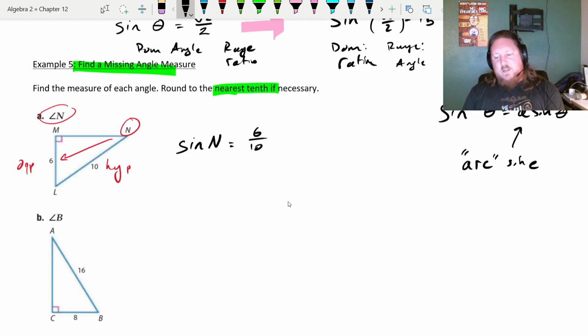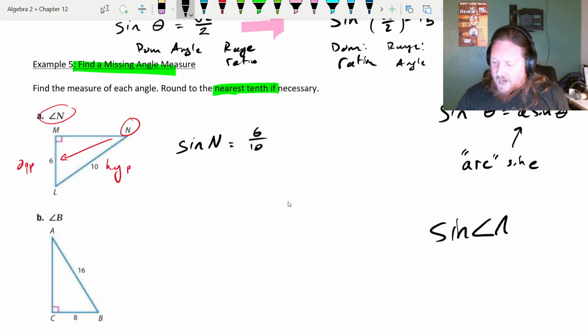Now what's interesting here is we usually don't write sine of angle N. This is why we usually use theta and gamma and beta and phi and all those things, because we don't like to write the angle symbol in the middle. Writing sine angle N is kind of a pain, because then it gets confused with inequalities. We just don't like to do it.